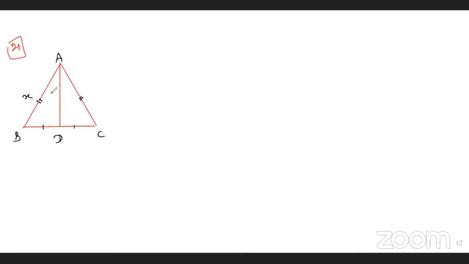This is given as x. This is given as y. This is y over 2, and this side is y over 2. This is AD, which is perpendicular now, you can say. And this AZ, AB and AD.